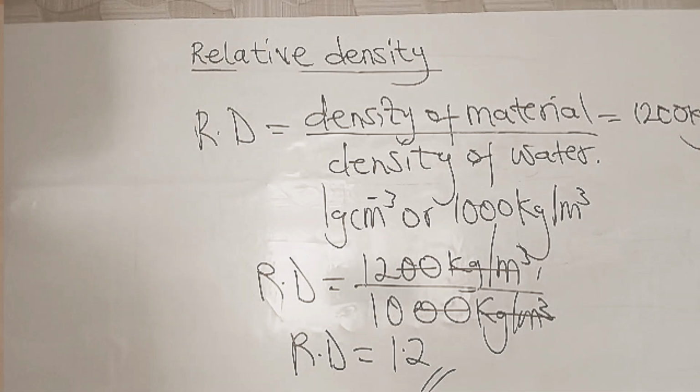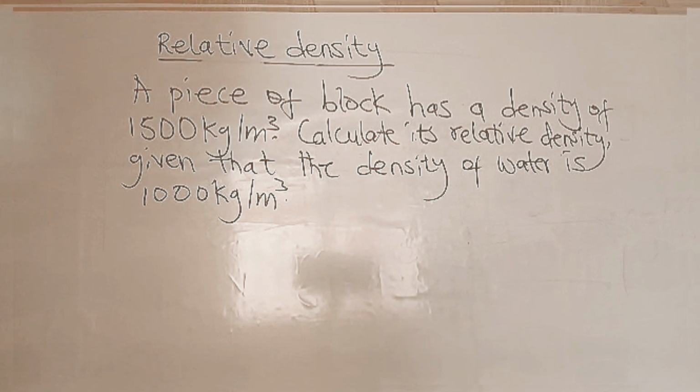So let's take a question. A block has a density of 1,500 kilogram per meter cube. Calculate its relative density given that the density of water is 1,000 kilogram per meter cube.